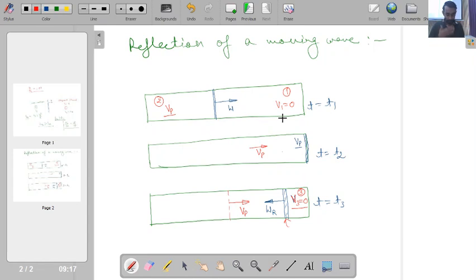So now, in order to understand this process with more clarity, we can plot it on a position-displacement diagram, which is particularly called the wave diagram. Say at time t1 this location was x1, at time t2 the location of the shock wave was x2, and at time t3 the location was x3.